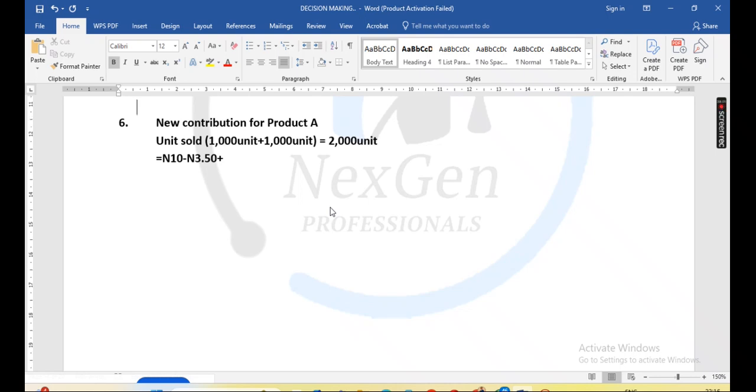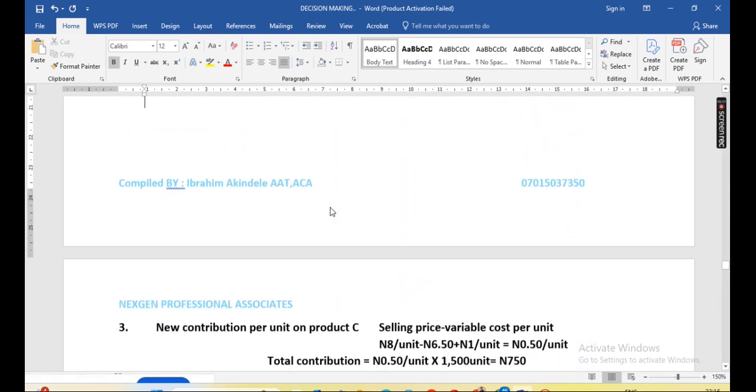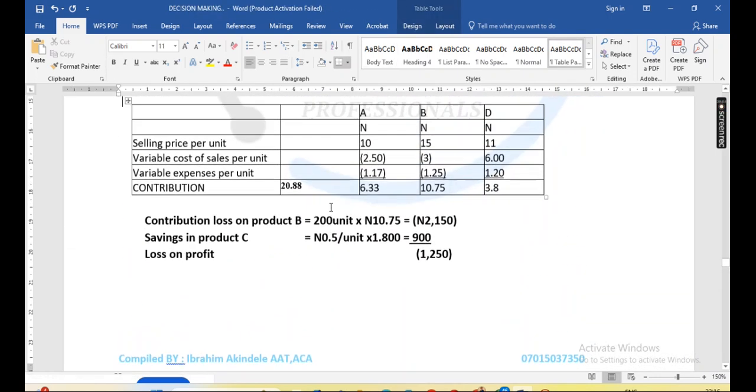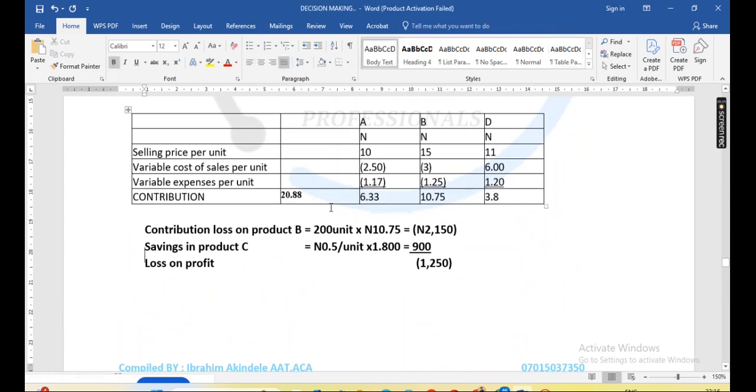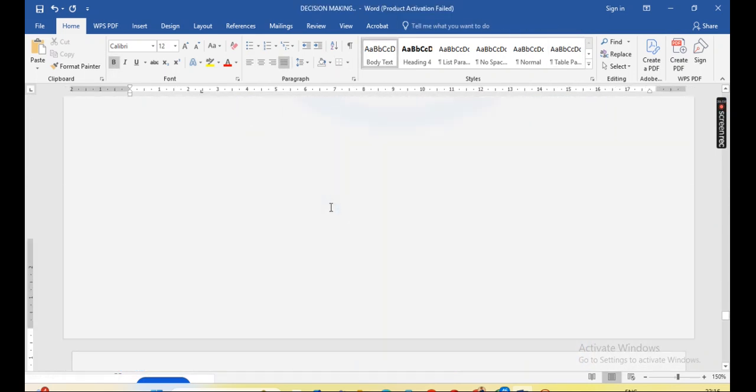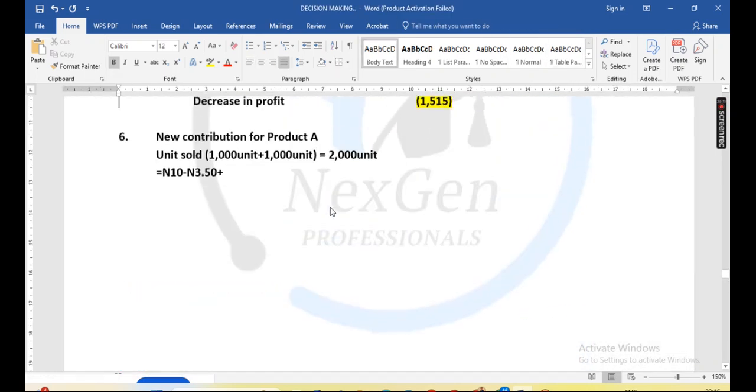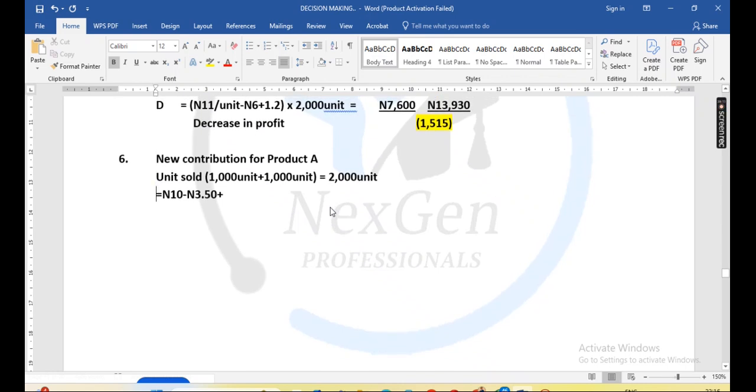1.17 naira. At the beginning of this class, I said you should write. Many of you are not writing, right? Okay, that's fine.